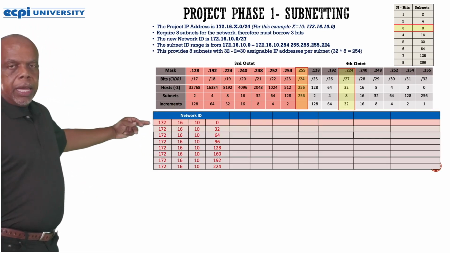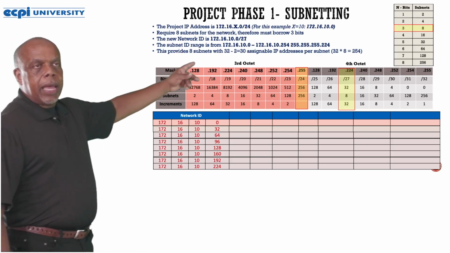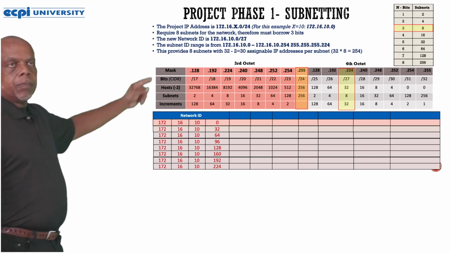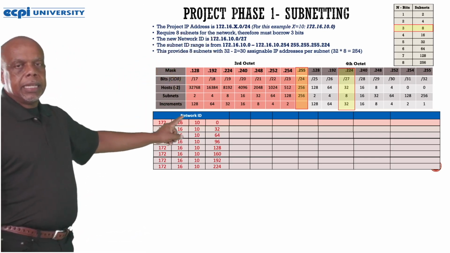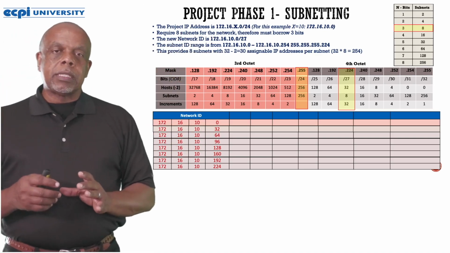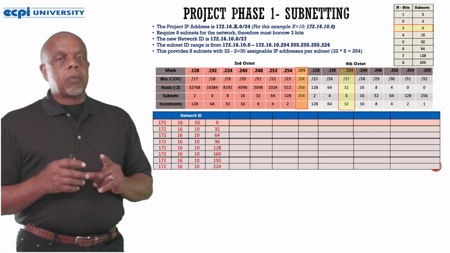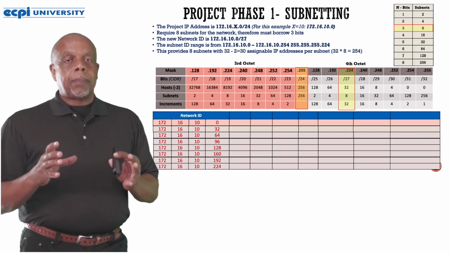So you see, I would have 8 subnets. The first subnet's network ID is my new network ID at 172.16.10.0. So that's where my first subnet's going to start. Now, as you see, I'm incrementing by 32, because every subnet's going to have 32 IP addresses.